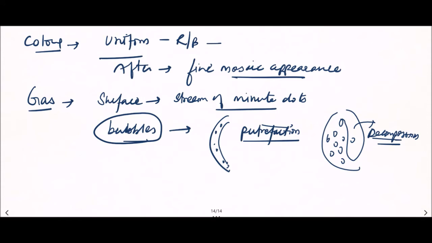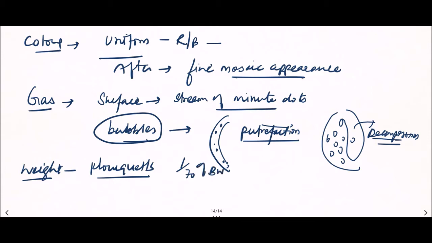Now, there are various tests related to the weight of lungs before respiration or after respiration. One test is known as Plauché test. It says that the weight of lungs is 1 by 70 of body weight before respiration.